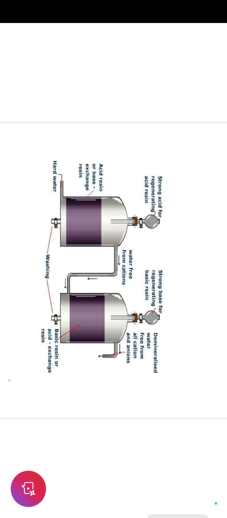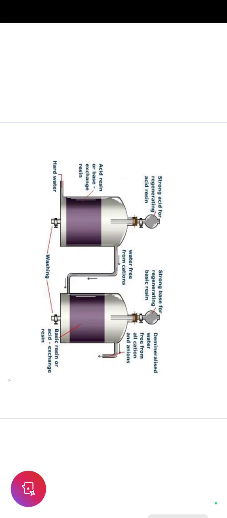So, how to regenerate the resins? When the cation exchanger resin is exhausted, it can be regenerated by passing a solution of dilute hydrochloric acid or dilute sulfuric acid.